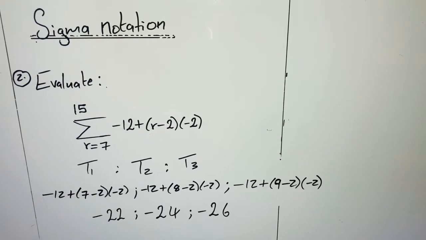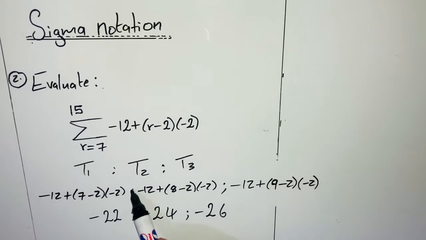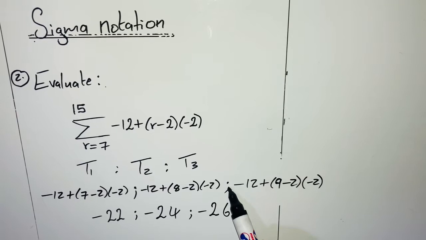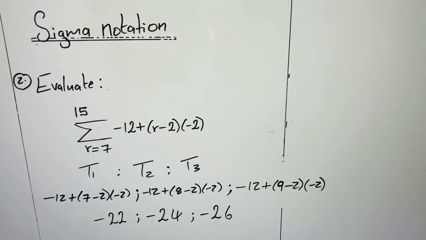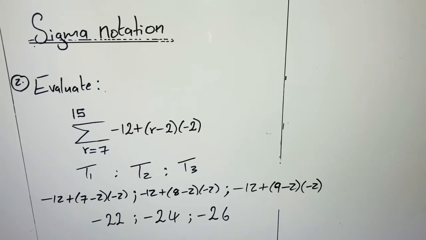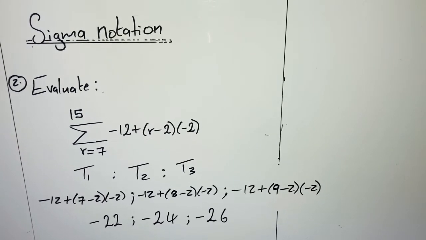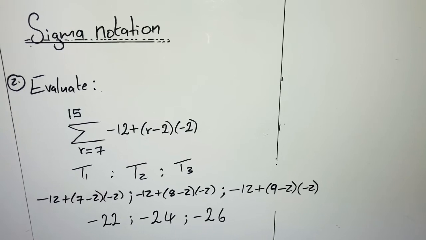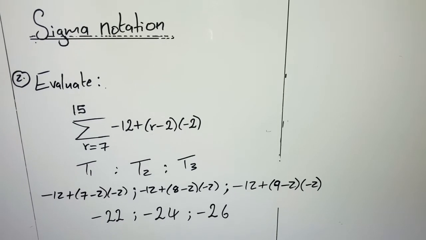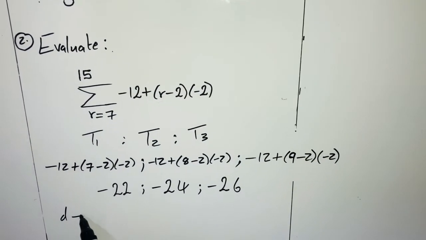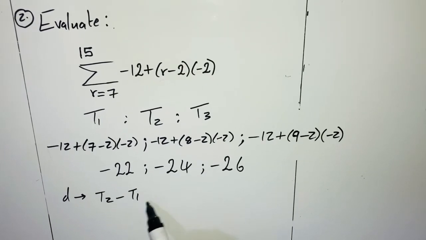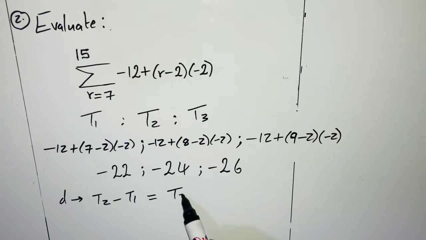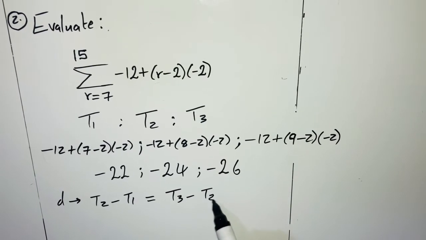Then after you have found your first 3 terms, they determine whether you are dealing with an arithmetic sequence or a geometric sequence. So from here, we use the common difference formula, which is T2 minus T1 equals T3 minus T2.